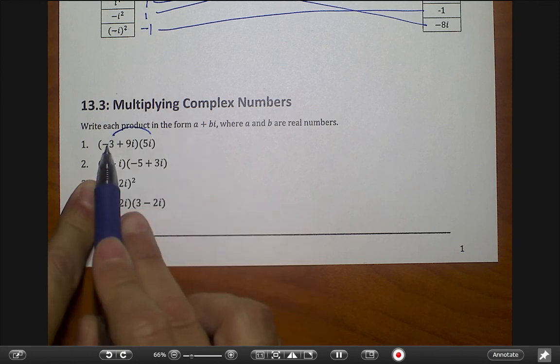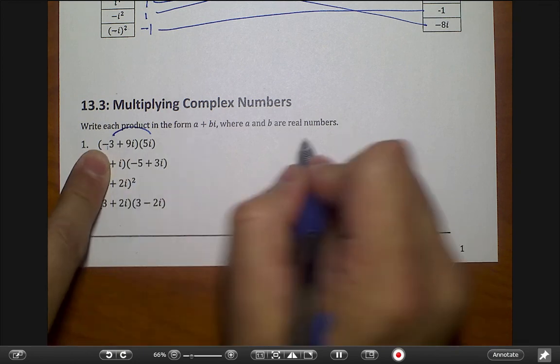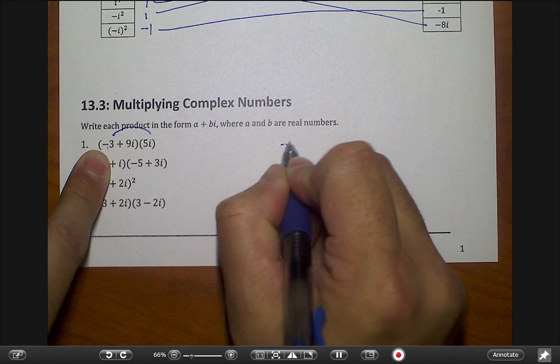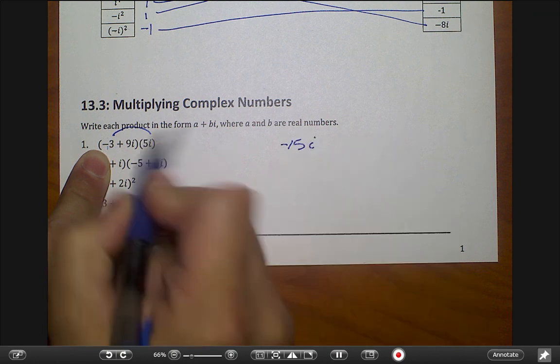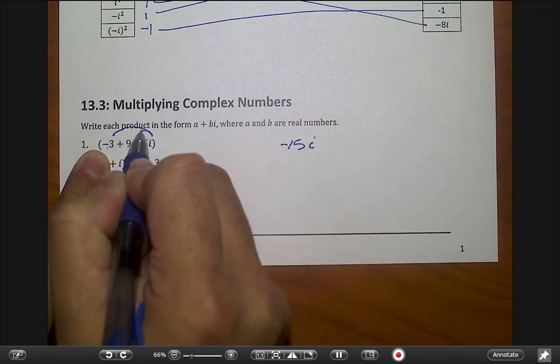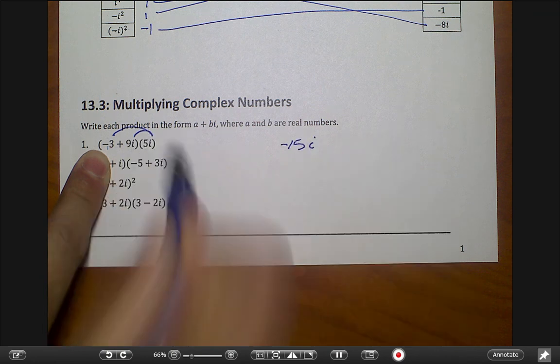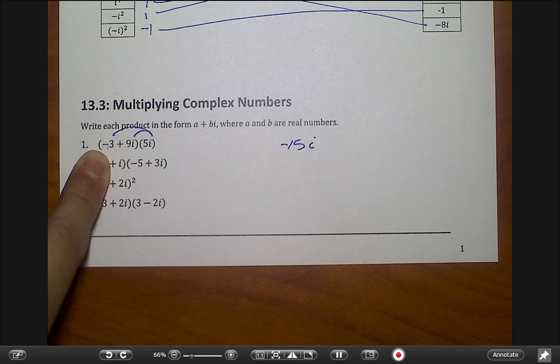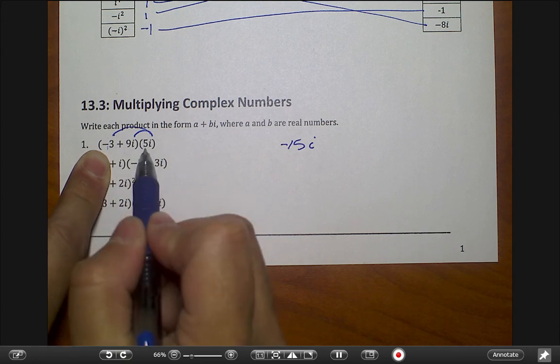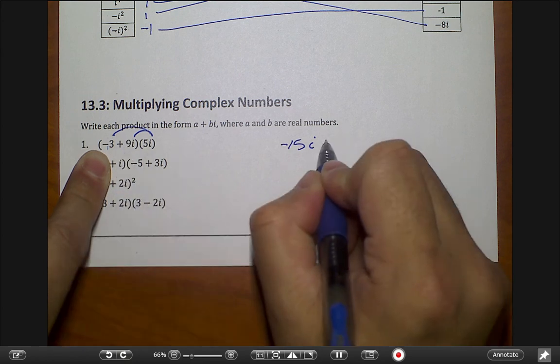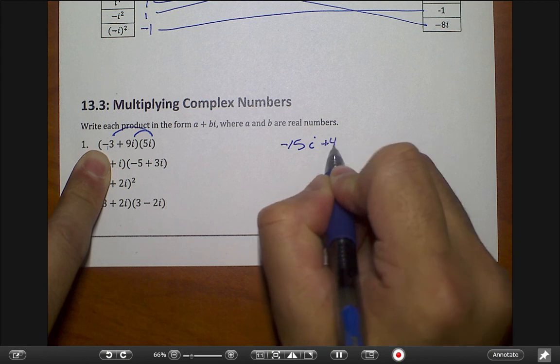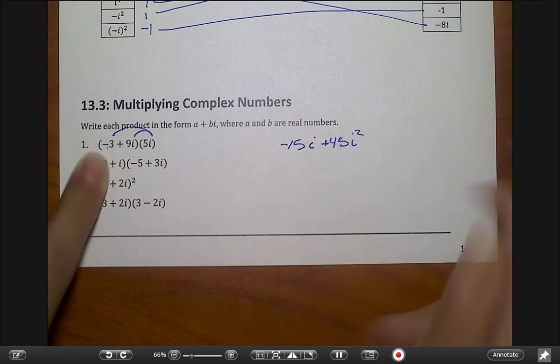So it's negative 3 times 5i is negative 15i, and positive 9i times positive 5i, that's going to be 45i squared, right? So it's positive 45i squared.